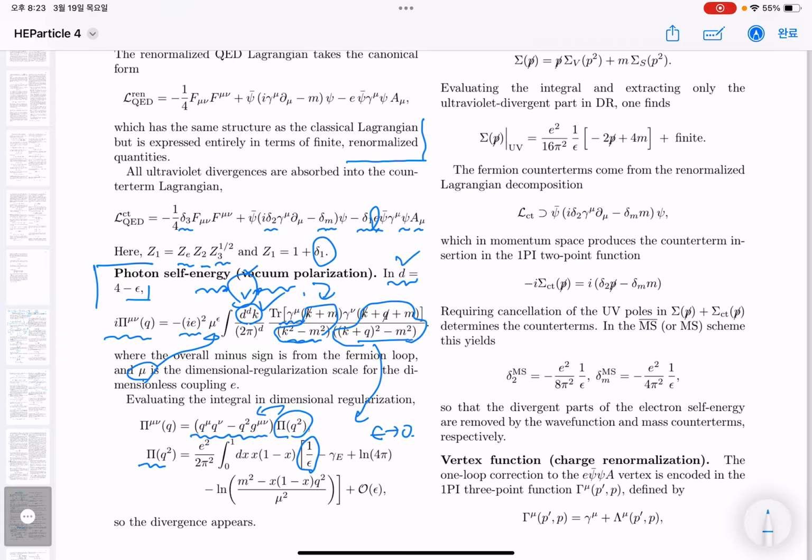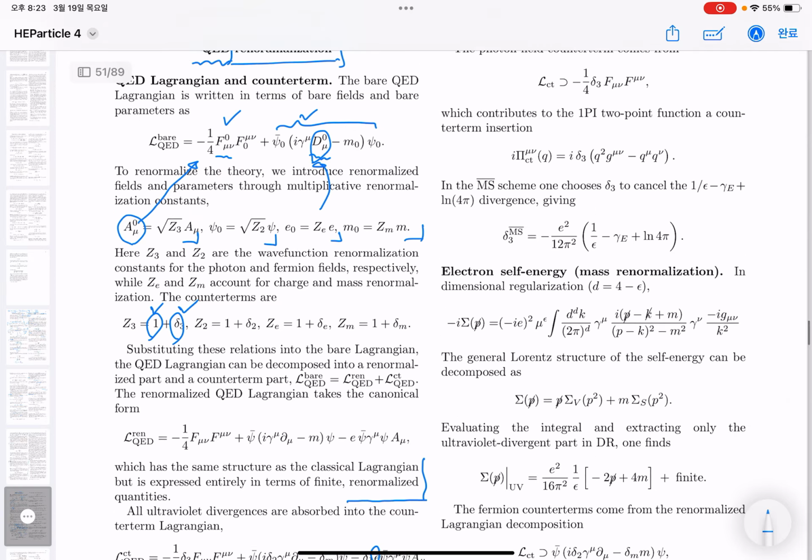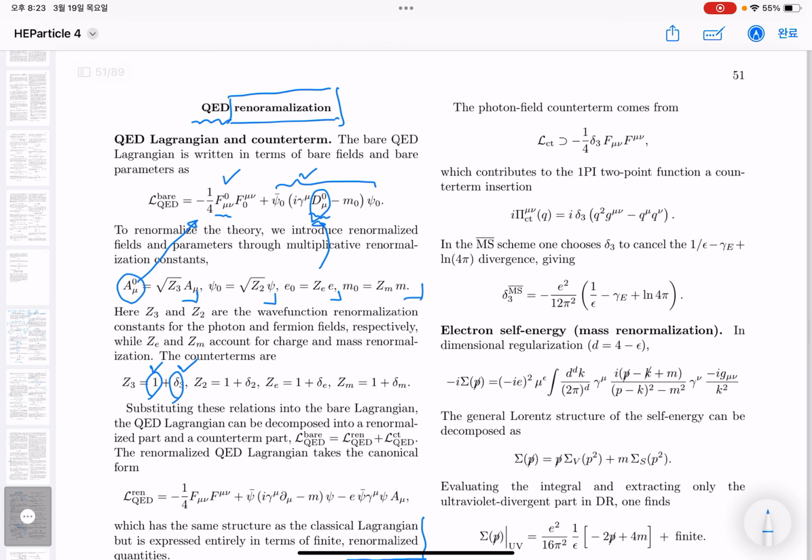So to remove this divergence, which appears in this photon self-energy diagram, one can determine the counterterm. The photon field counterterm is delta 3, and corresponding to this counterterm, one can consider the counterterm contribution to the photon self-energy. The Lorentz structures are the same.